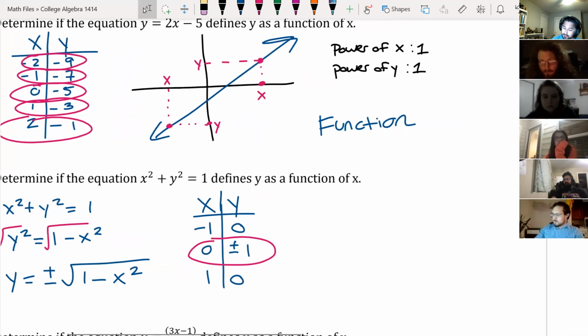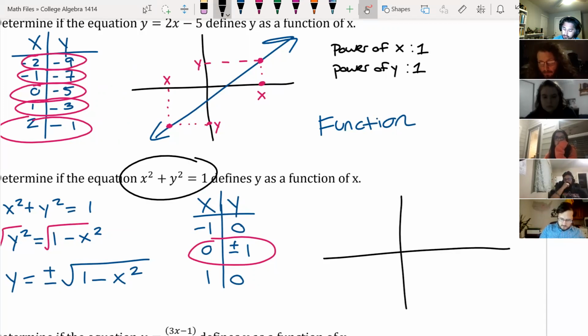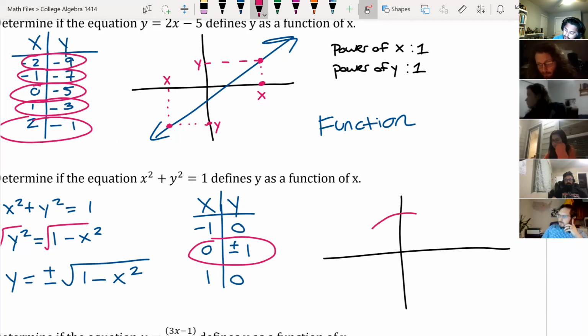And then last, just to double check, we can graph this function. Does anybody know what type of graph this equation makes? It's okay if you don't. Maybe you've never seen it before. But this is the equation of a circle with a radius of 1.